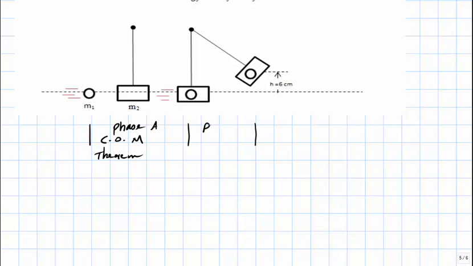So this is phase B, and it's governed by the conservation of energy theorem. So it's important to note the distinction between these two phases. And by the way, the final velocity in phase A becomes the initial velocity in phase B.